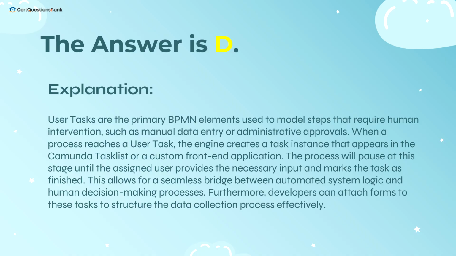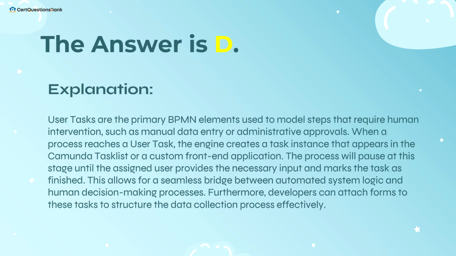User tasks are the primary BPMN elements used to model steps that require human intervention, such as manual data entry or administrative approvals. When a process reaches a user task, the engine creates a task instance that appears in the Camunda task list or a custom front-end application.